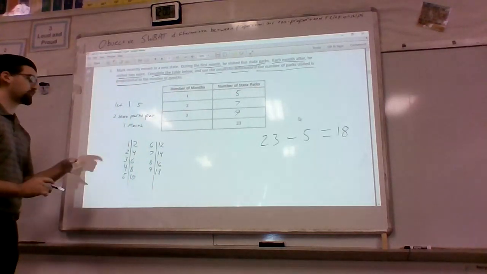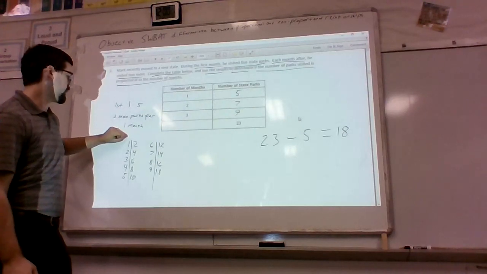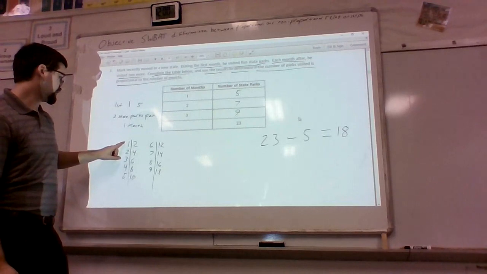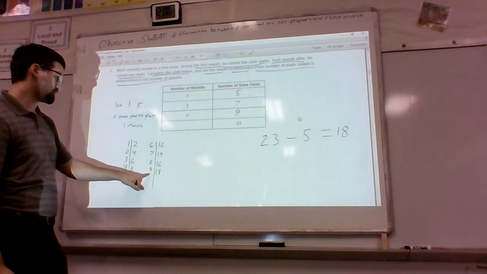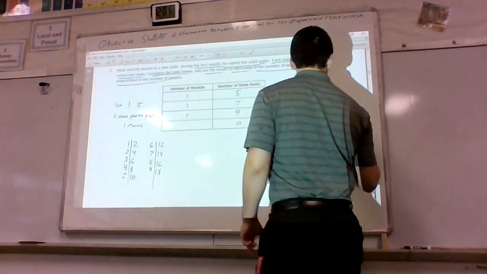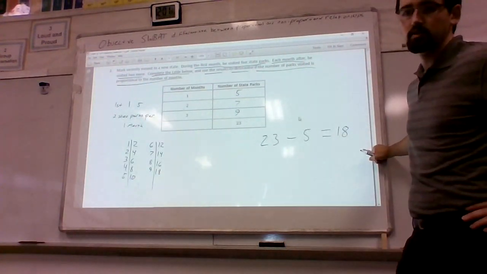So after that first month, he went to 2 state parks every month. So counting up, in 9 months he went to 18, okay, that equals the number left after the first month.